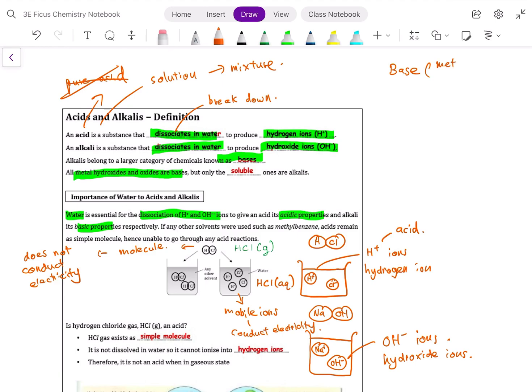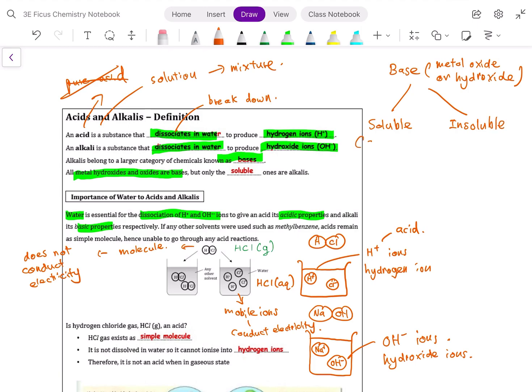They are metal oxides or hydroxides. There are many examples, like copper 2 oxide, sodium hydroxide, potassium hydroxide. All the metal oxides and hydroxides are bases. Bases have two categories: one is soluble in water, the other is insoluble in water.